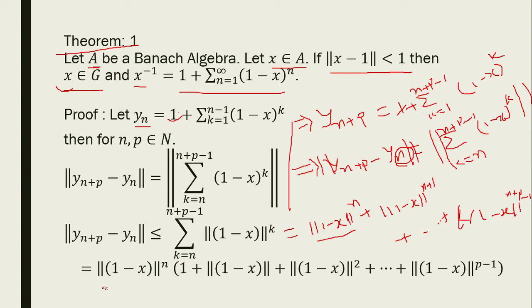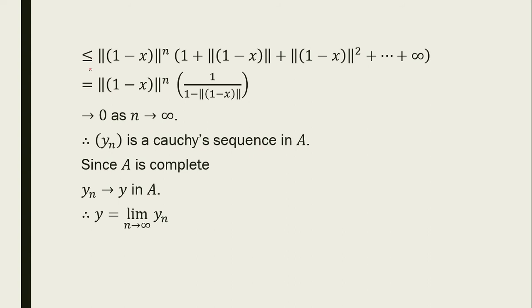So we get norm (1 minus X) raised to n into 1 plus norm (1 minus X) raised to 1 plus norm (1 minus X) raised to 2, up to (1 minus X) raised to p minus 1, which is less than or equal to norm (1 minus X) raised to n into 1 plus norm (1 minus X) plus norm (1 minus X) squared, up to infinity.